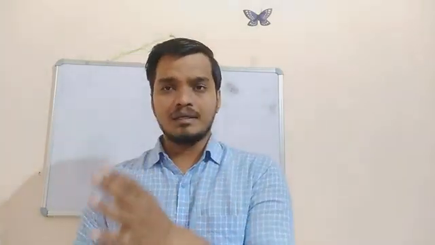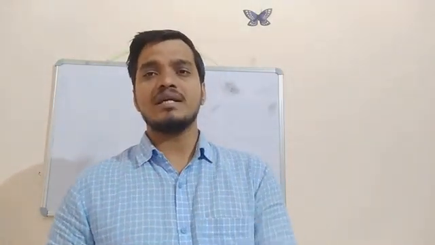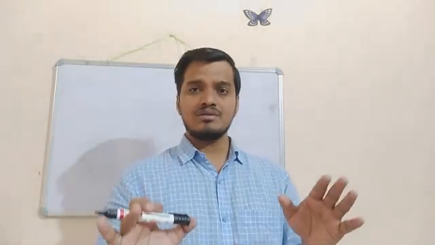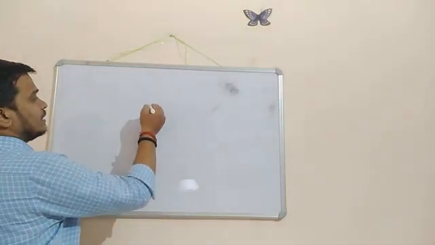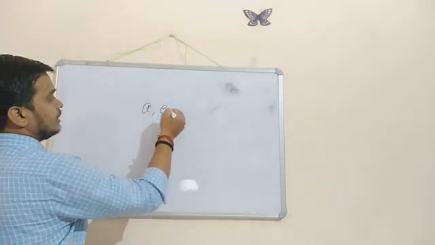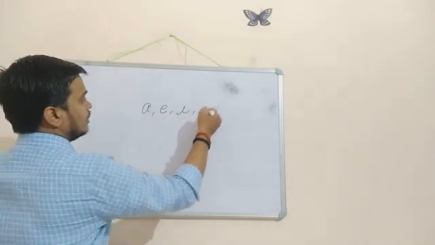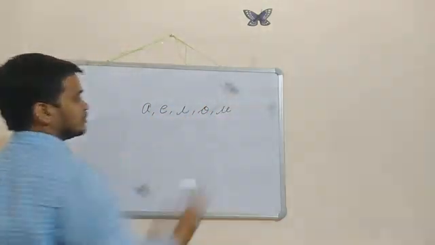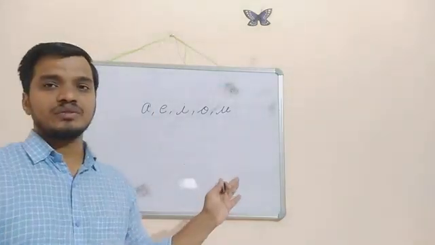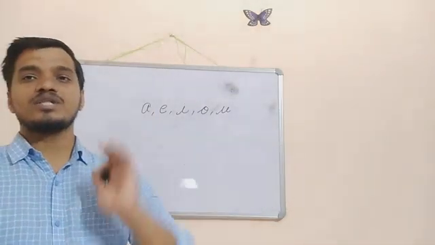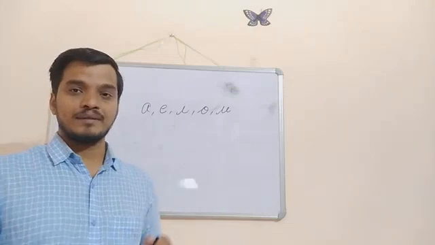Nobody will write B, C, D, W, X, Y, Z. Everyone knows how many vowels are there in the English alphabet. So in the English alphabet, there are A, E, I, O, U. This is the collection of the English vowels from your English alphabet.